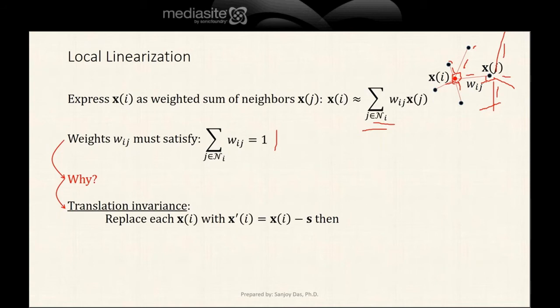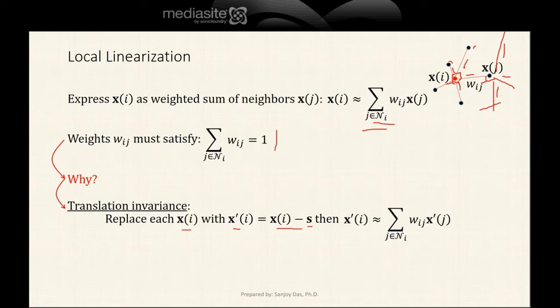One, translation invariance. So if I replace each xi with xi prime equals xi minus s, where s is any vector, then xi prime is approximately equal to summation wij xj prime.